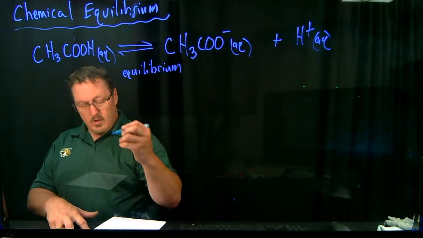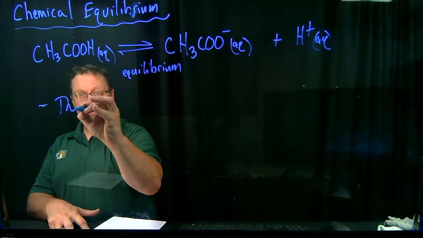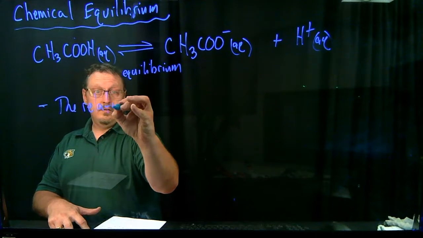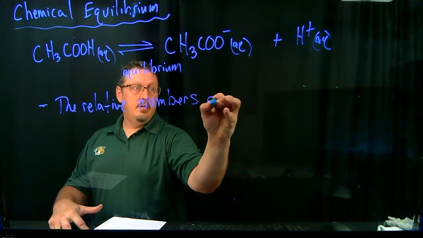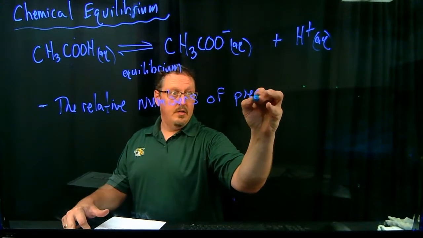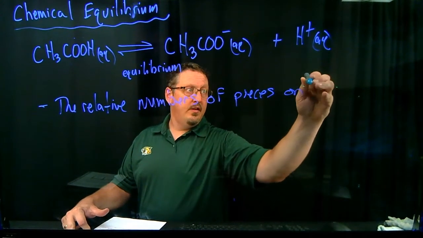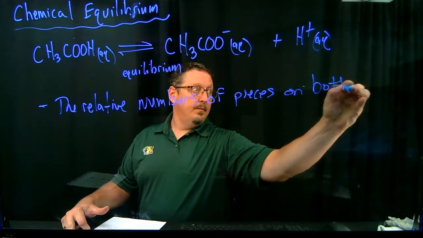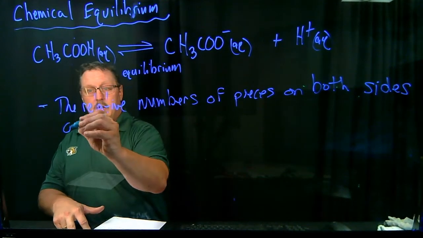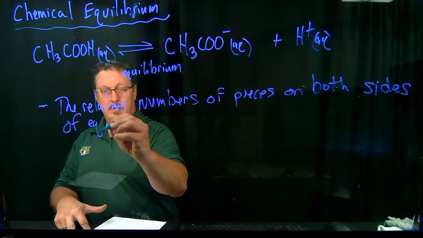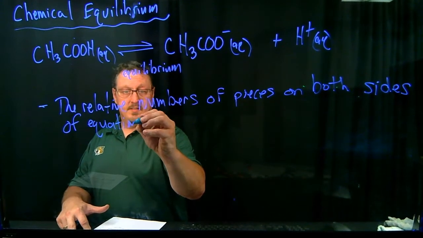And so what's really happening is that the relative numbers of the pieces on both sides of the equation is remaining constant.